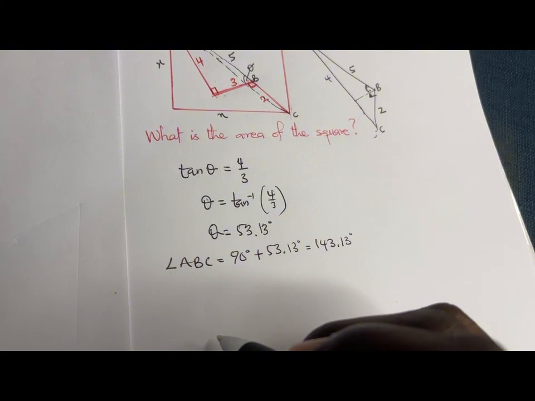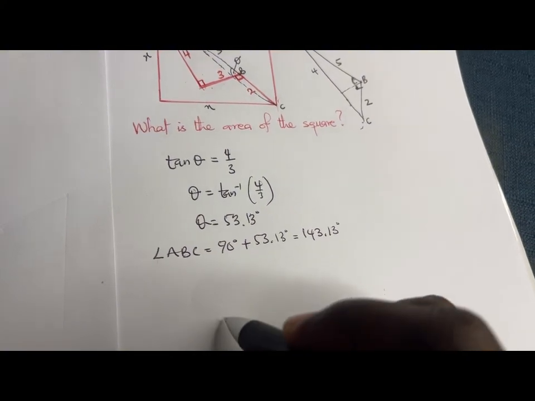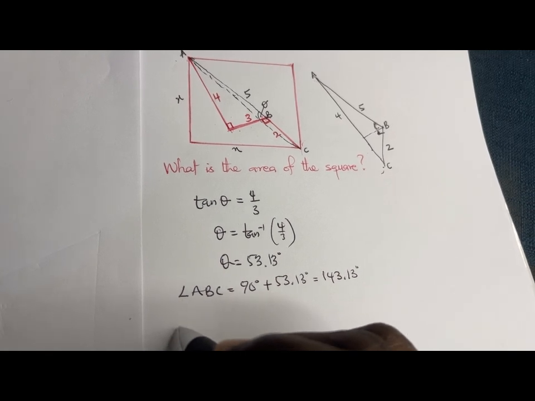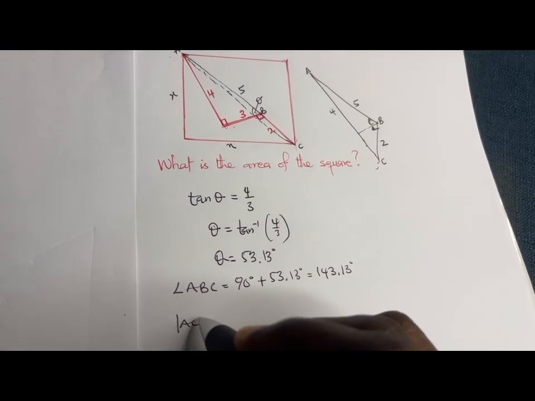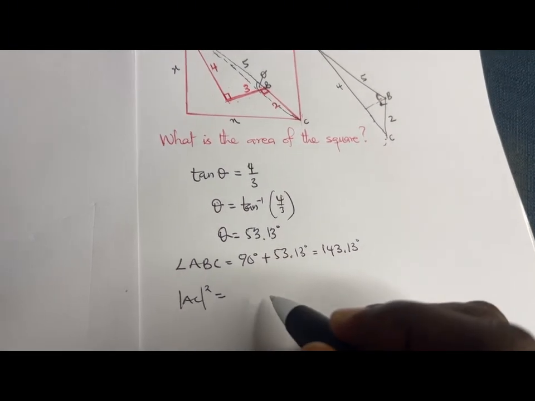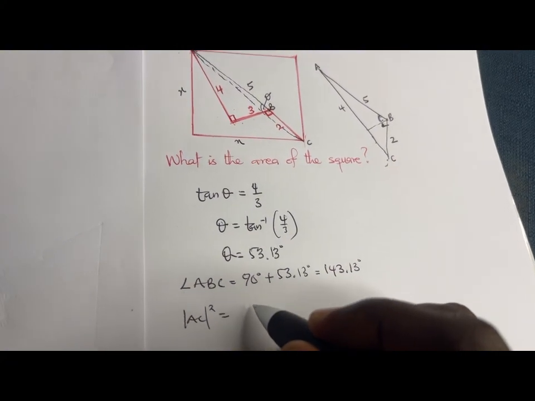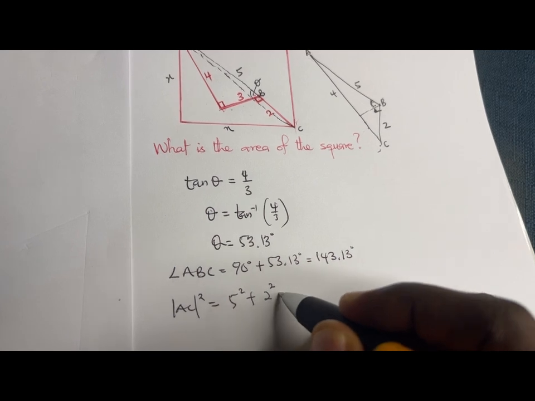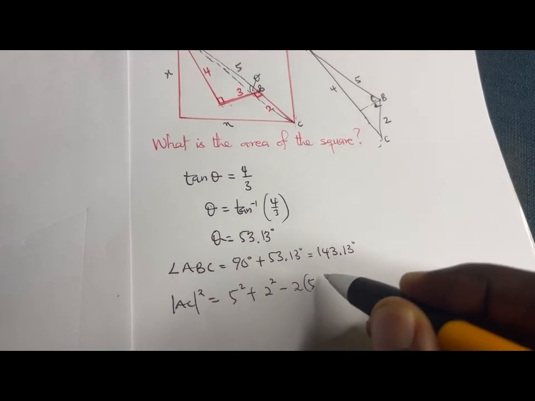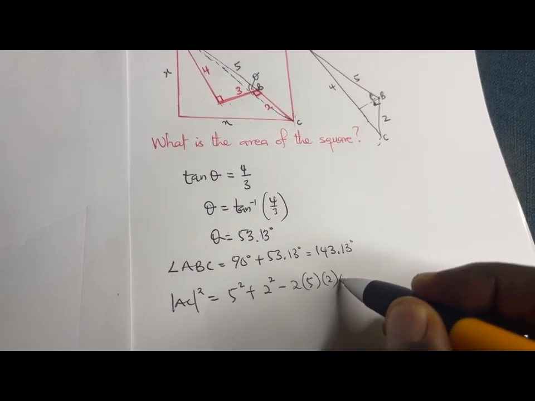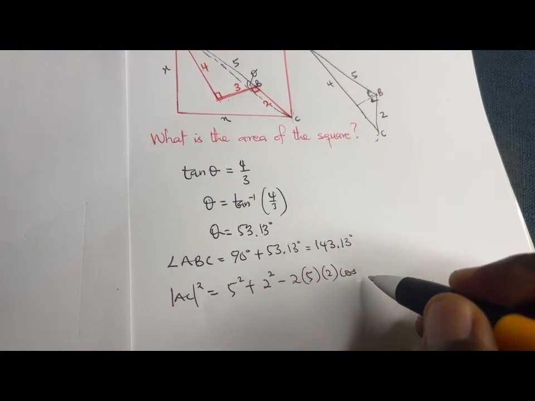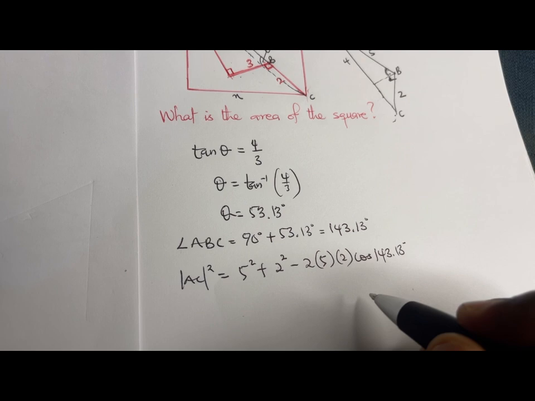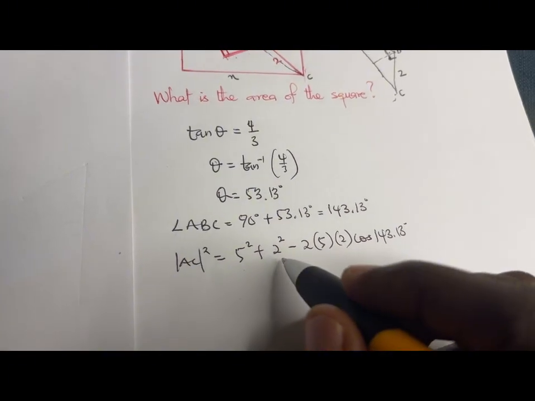So we have AC square. You can use the formula AC square equals 5 square plus 2 square minus twice the product of the two lengths times cos of the angle, which is 143.13 degrees. So this will be 25 plus 4, which is 29.